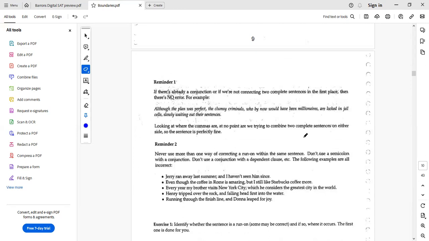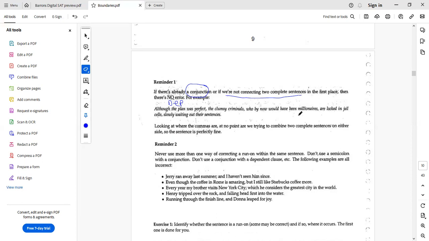Here he gave us some reminders. He said, if there is already a conjunction, or if we are not connecting to a complete sentence in the first place, then there is no error. Like here, although the plan was perfect, this is dependent. The clumsy criminals, this is subject but no verb.